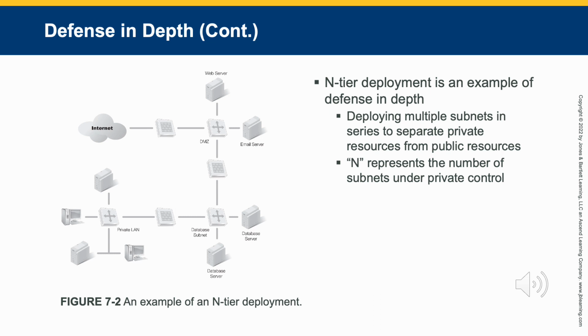The N-tier deployment is an example of defense in depth, deploying multiple subnets in series to separate private resources from public resources. N represents the number of subnets under private control. An example would be: we have the internet coming in, we have our firewall, and we have the switch that has a web server and email server, and then connects to another interface on the inside firewall.